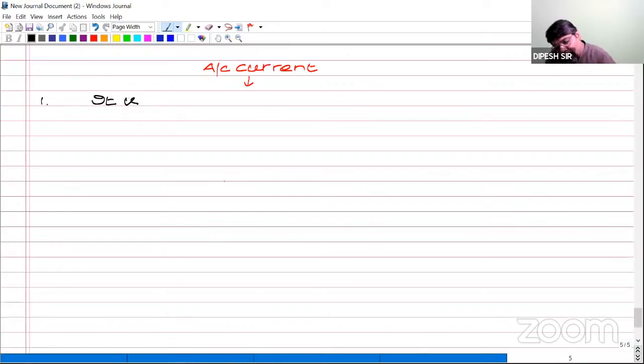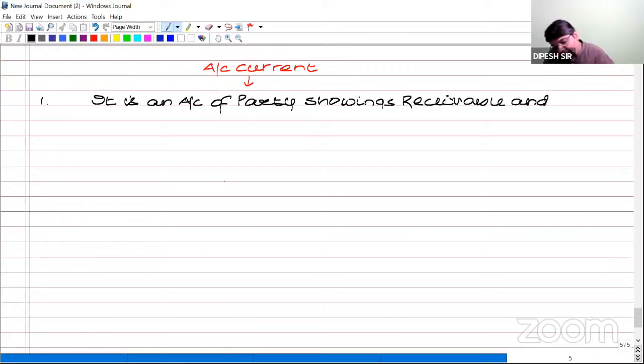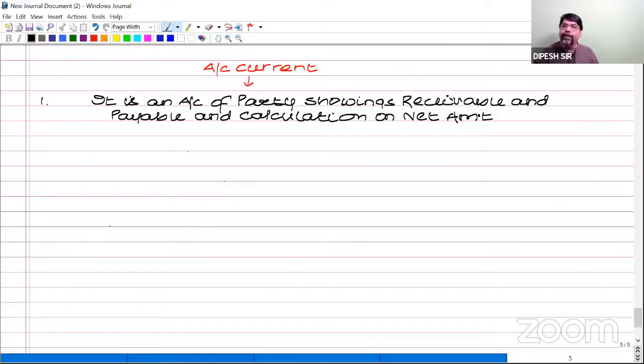It is an account of a party showing receivables and payables and calculation of interest on net amount. Correct?